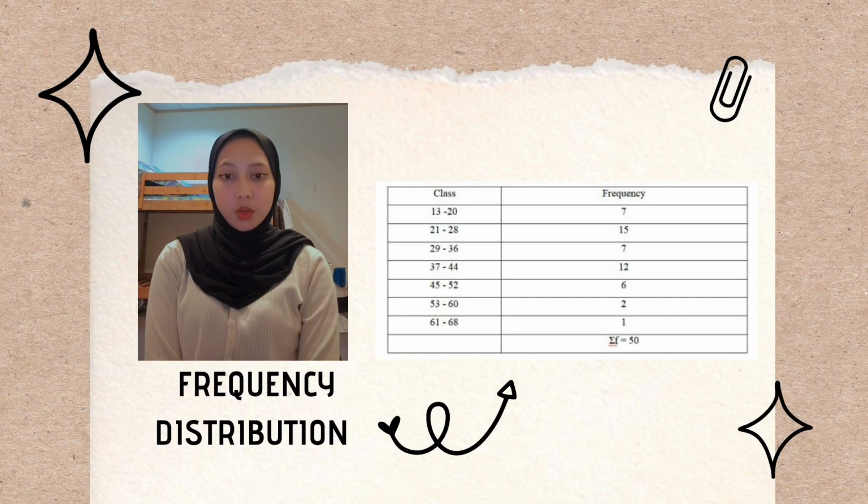When we have done with data range, we continue with frequency distribution. In this frequency distribution, we have class and frequency.